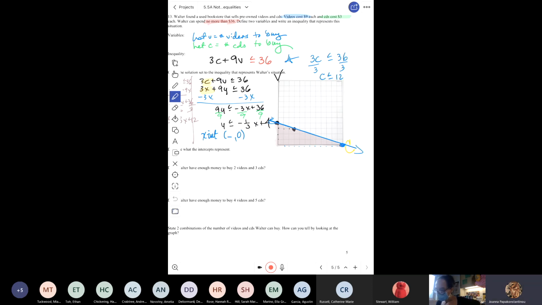Okay, so what do the intercepts represent? Well, the C-intercept represents what? How many CDs you can buy? Yes, the number of CDs to buy if no videos are bought, right?